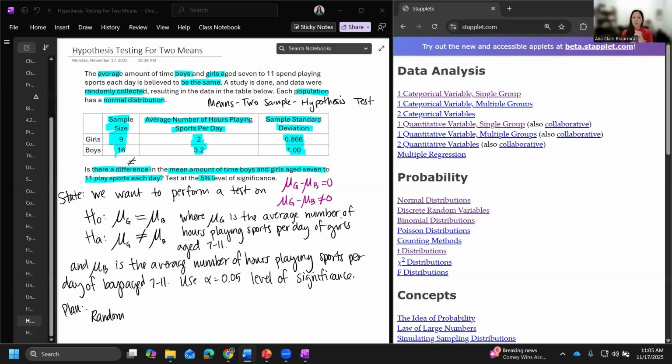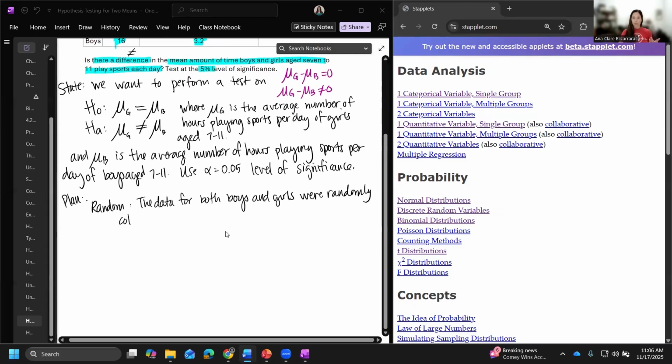So the data for boys and girls were randomly collected. Notice I said both, and I have boys and girls written. That plural tells me that I'm talking about two groups, not just one. It's important that you talk about two groups here.